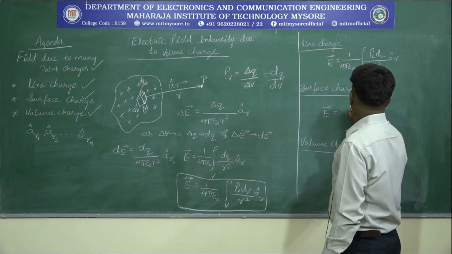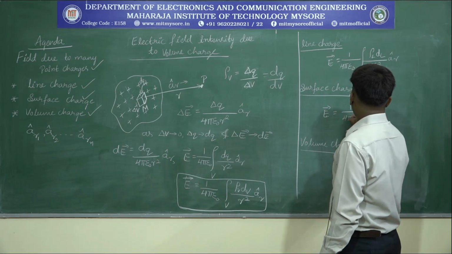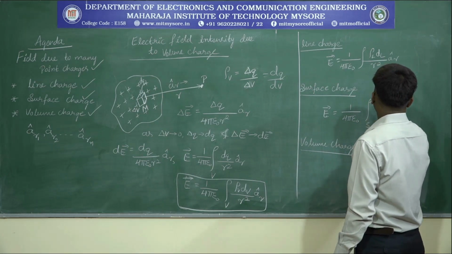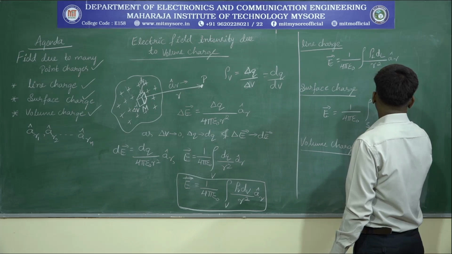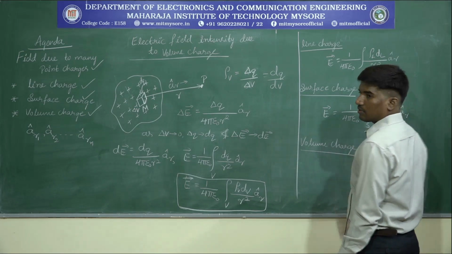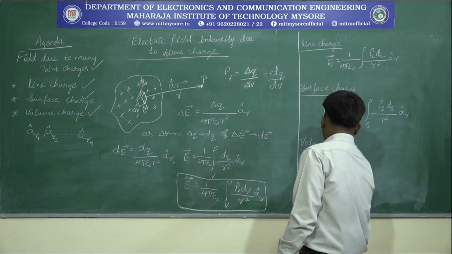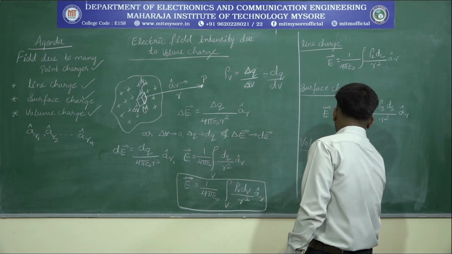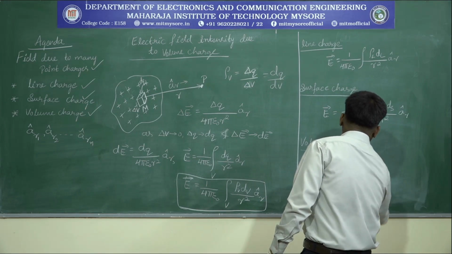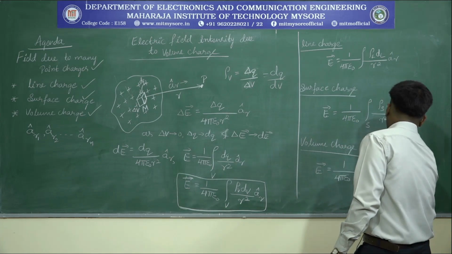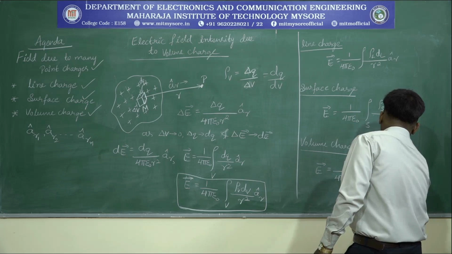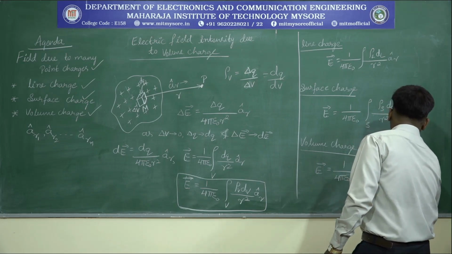E is equal to 1 by 4 pi epsilon naught into surface integral rho s into ds divided by r square into a cap r for surface charge distribution. Then for volume charge distribution, E is equal to 1 by 4 pi epsilon naught into volume integral rho v into dv divided by r square into a cap r.